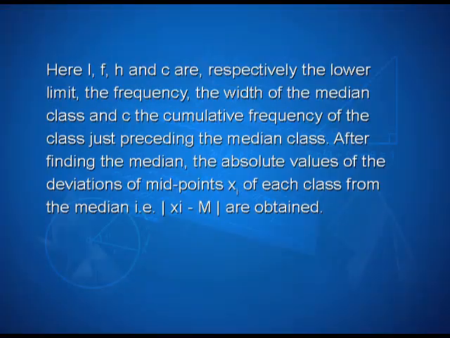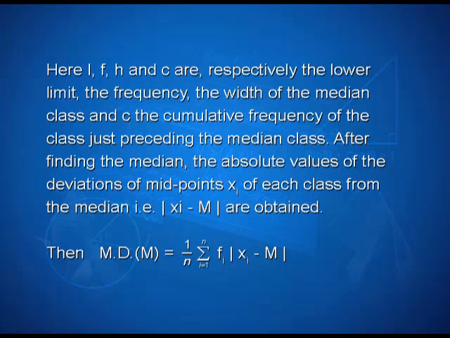After finding the median, the absolute values of the deviations of midpoints xi of each class from the median, that is absolute value of xi minus M, are obtained. Then mean deviation about median is calculated as 1 upon n into summation i ranging from 1 to n fi into absolute value of xi minus M.